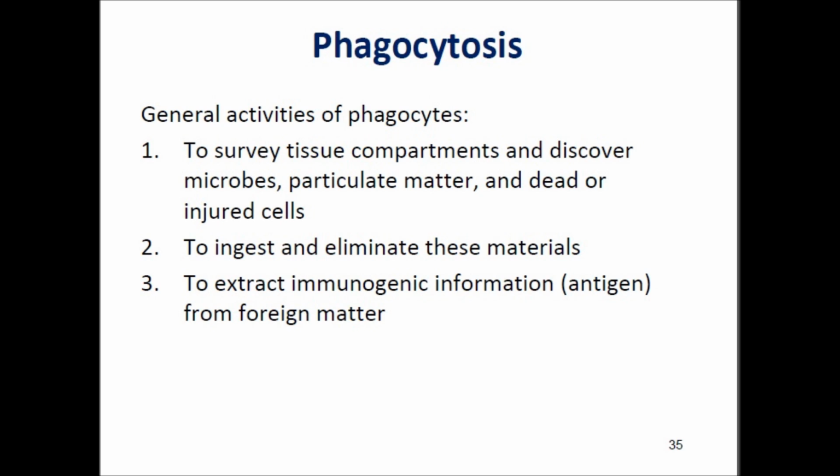So what usually happens is the general activity is they move around and survey your body, and there's the lymph system, there's the blood system, so there are cells moving around, and they look for microbes, they look for these pathogen-associated molecular patterns. So they look for proteins that are displayed on organisms that you don't want in your body, and so they find those, they ingest and eliminate the material.